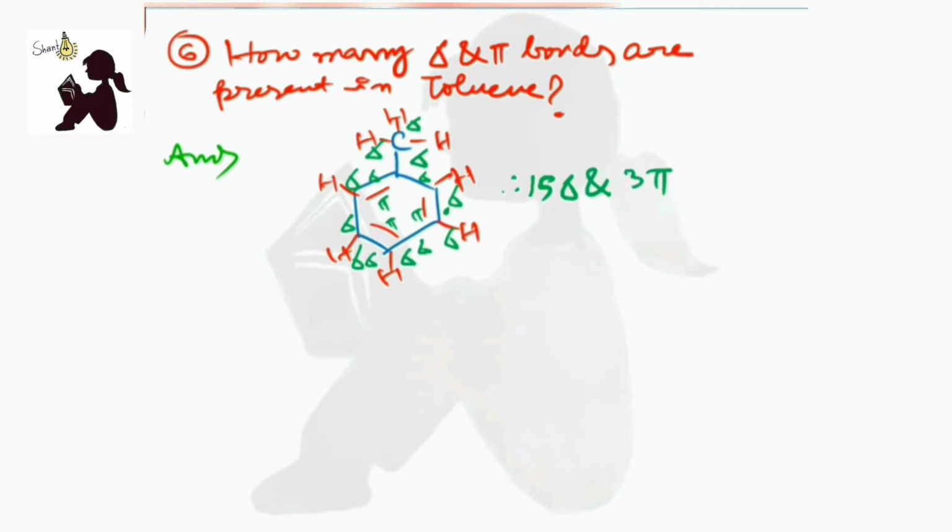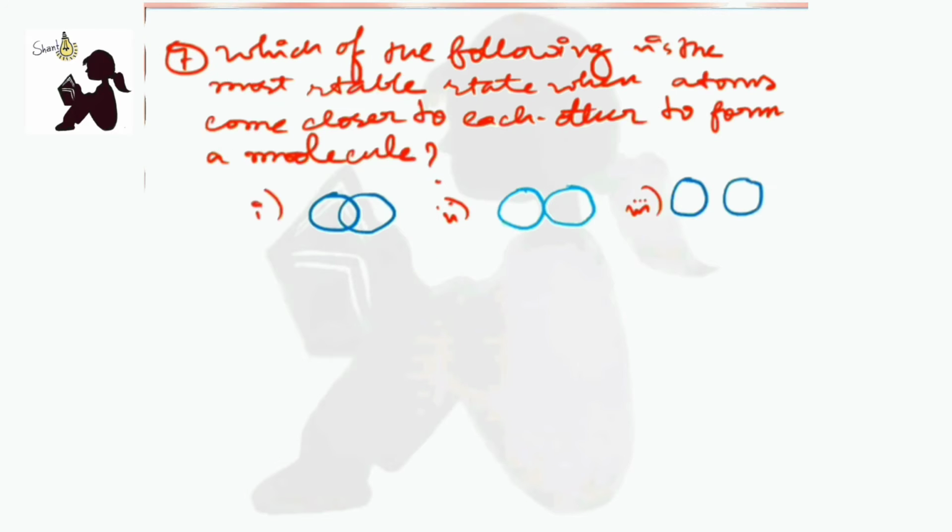So let's see the seventh question. Now they have said which of the following is in the most stable state when atoms come closer to each other and form a molecule. Now in the chemical bonding video, I have already told you what these bonds are called.